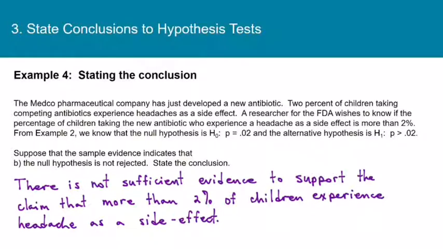And I think the most important thing you can get in your head right now is that the null can only be rejected because there is evidence to do so. If the null is not rejected, that means there was not sufficient evidence. Otherwise, the rest of these words can vary. I don't want you to be too concerned about that, but I do think it's very important that you know whether you should say that there is sufficient evidence or there's not sufficient evidence. And the rest of it we can worry about later.